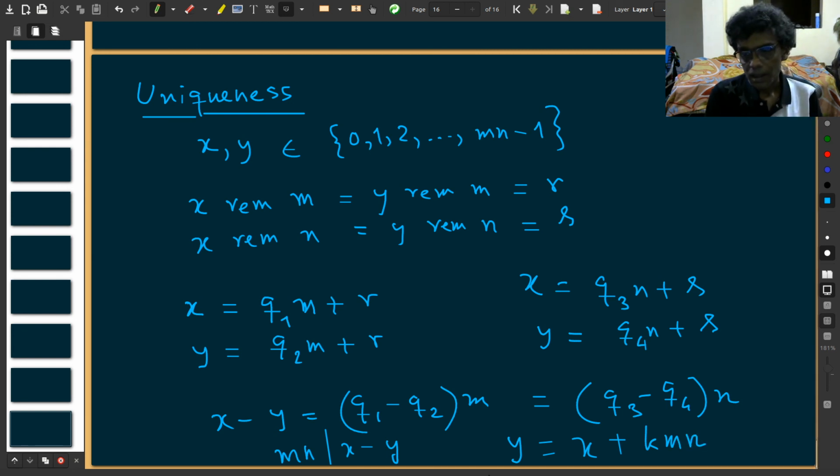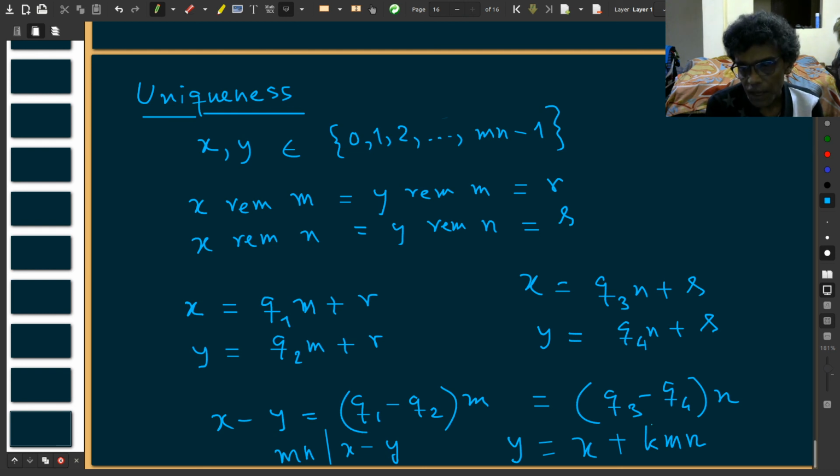Okay. Now if k is not 0, then if I take any x in this range and I add mn to it, or subtract mn, or add 2mn or subtract 2mn, whatever I do, I go outside this range. So the only possibility is that I must have k equal to 0 and therefore y is equal to x.